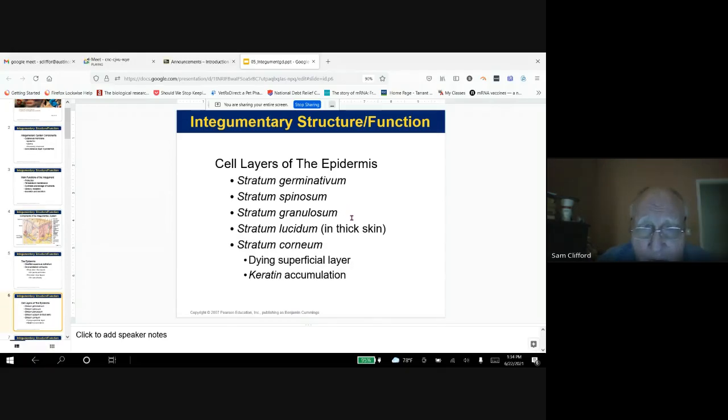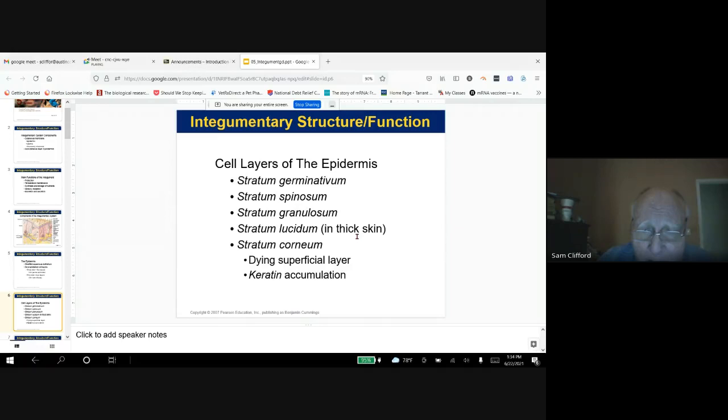So what are those layers? Starting from inner, closer to the dermis, is the stratum germinativum. That's where cells are multiplying and growing. The stratum spinosum with spines, stratum granulosum with granules, the stratum lucidum, which means clear strata.